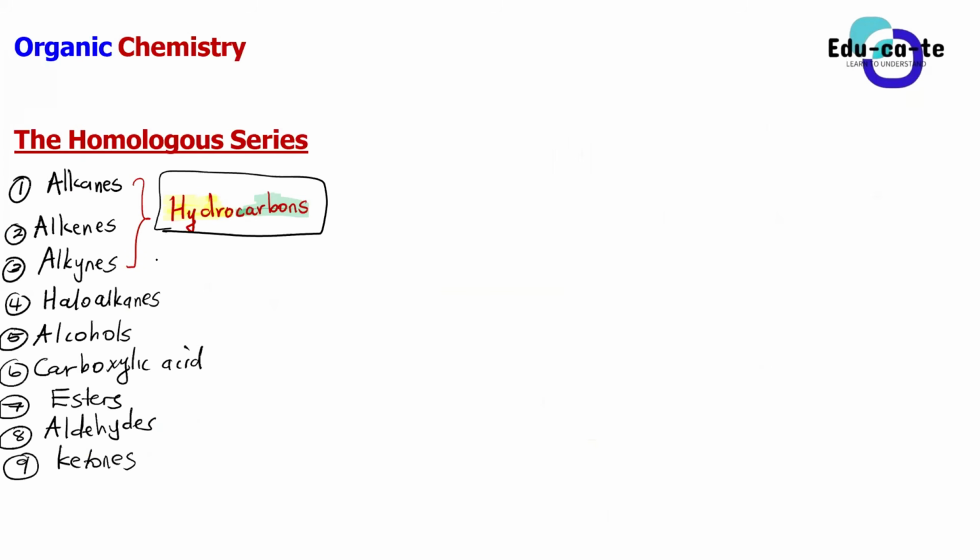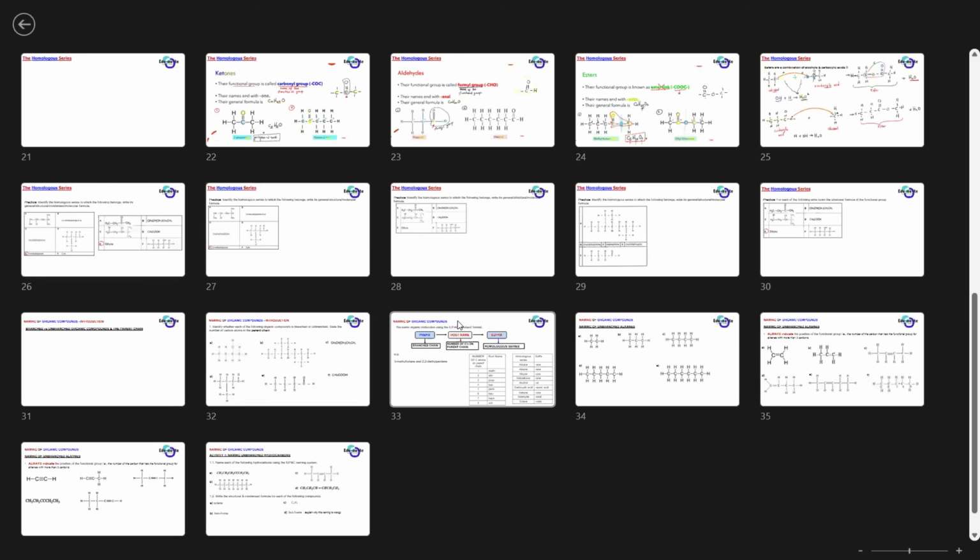You will never see an oxygen within an alkane. Are we together on that? Yes. So alkanes, alkenes, and alkynes, all of these 3 groups of organic compounds are hydrocarbons, meaning that they consist of only hydrogen and carbon atoms.